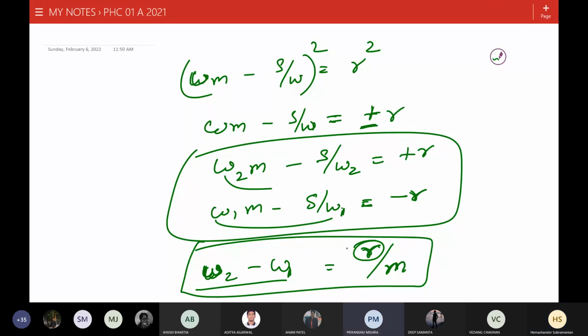One thing we can also do is, when we solve the equation for omega, it will come like omega squared m plus minus r m omega minus s is equal to 0. So we'll be getting the same values of omega 1 and omega 2 from that equation also.